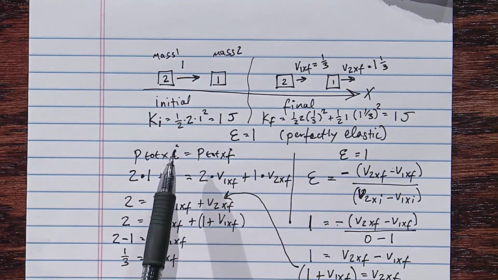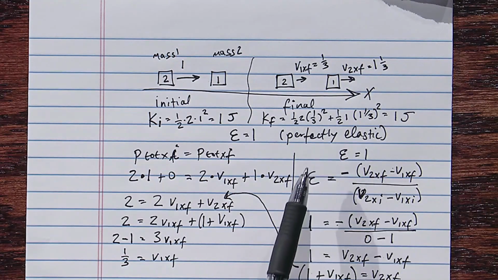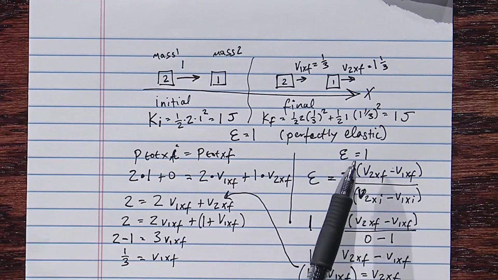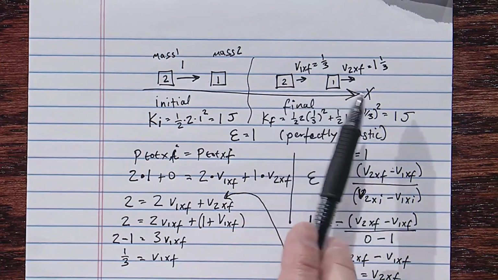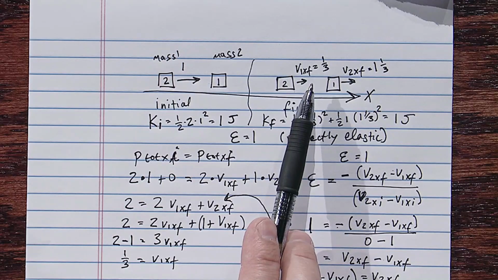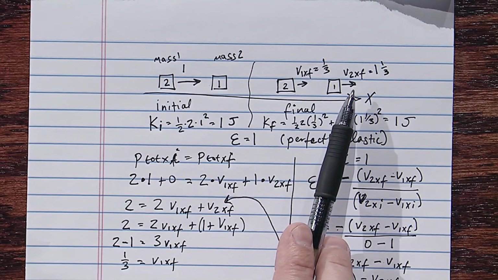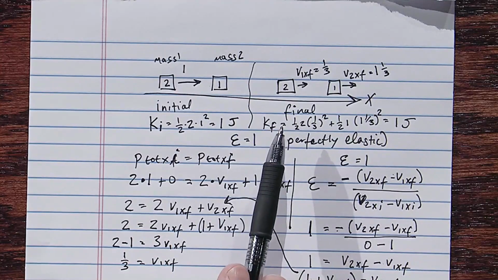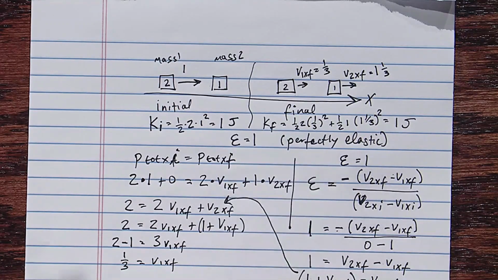We used our conservation of momentum and the idea that we had a perfectly elastic collision, which gave us our coefficient of restitution of 1, and we used our coefficient of restitution equation to calculate the final speeds after the collision, which gave us a velocity of 1/3 of a meter per second for the first mass, 1 1/3 meter per second for the second mass, and then we showed that not only could we calculate both of these velocities, but since we had a perfectly elastic collision, the total kinetic energy was conserved.